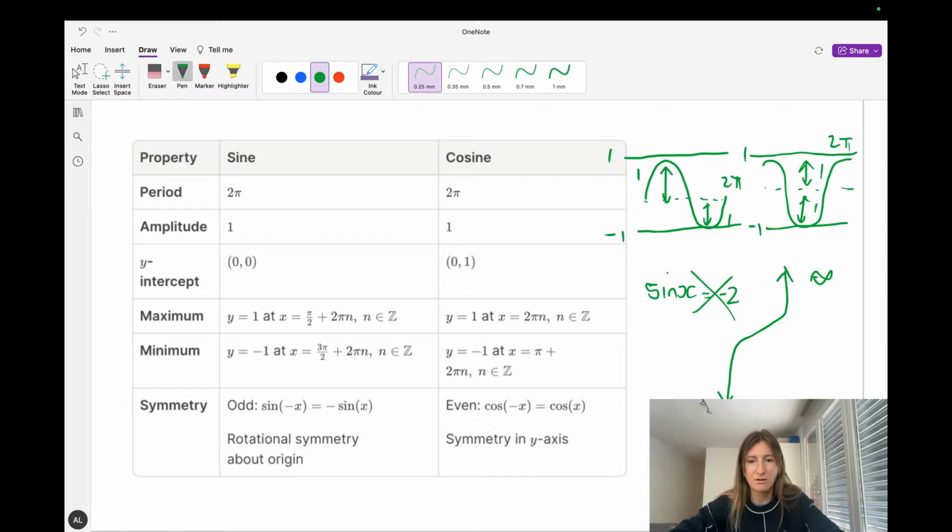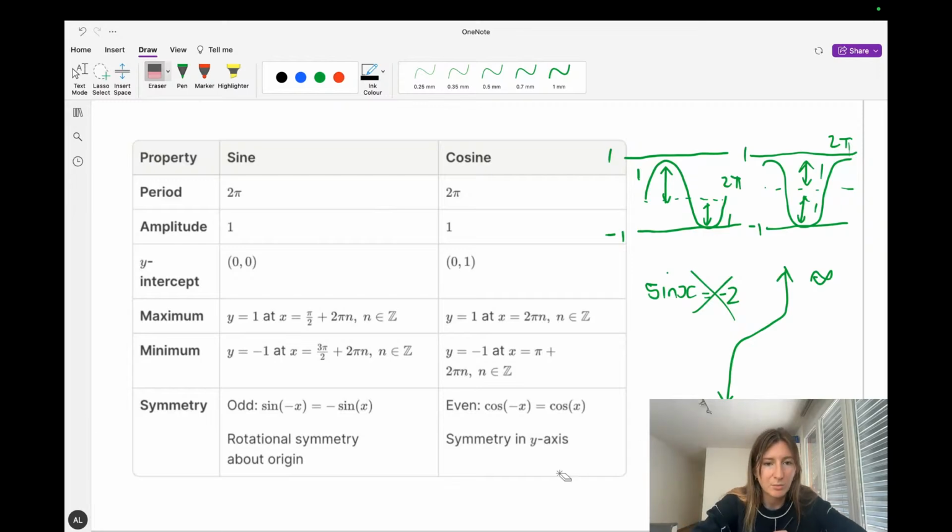So the domain of a tan graph is all real numbers. Basically, it can take any value, whereas sine and cos are only between -1 and 1, and I'm meaning in terms of range, sorry.